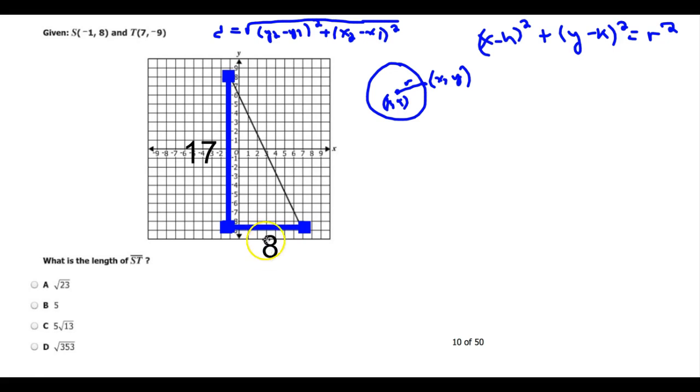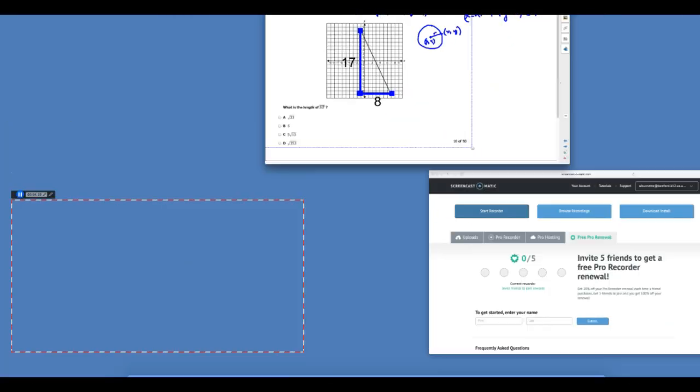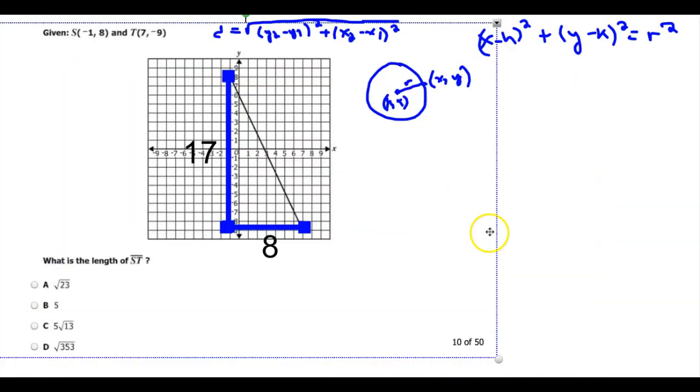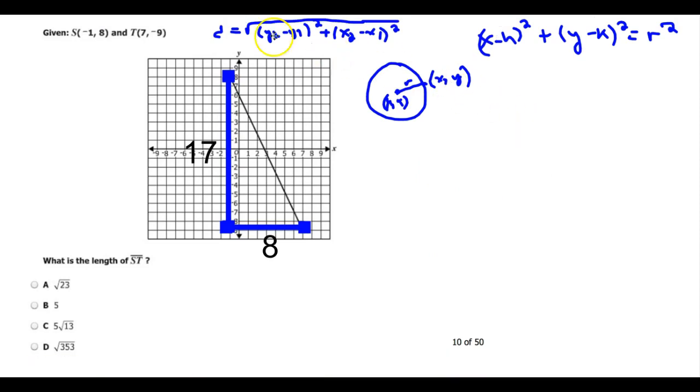Now it just becomes a basic right triangle Pythagorean theorem problem, where I know 8 squared plus 17 squared must equal the hypotenuse squared. So let's write that out: 8 squared plus 17 squared must equal, I'll just call this c because that's what we typically use, c squared, the hypotenuse.